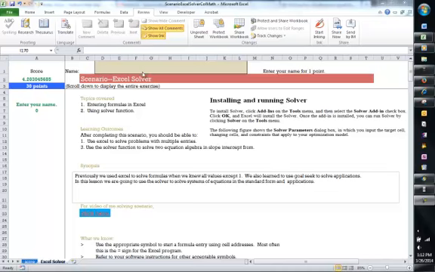This is the Excel Solver scenario. If your computer does not have Solver on it, you first have to install it.